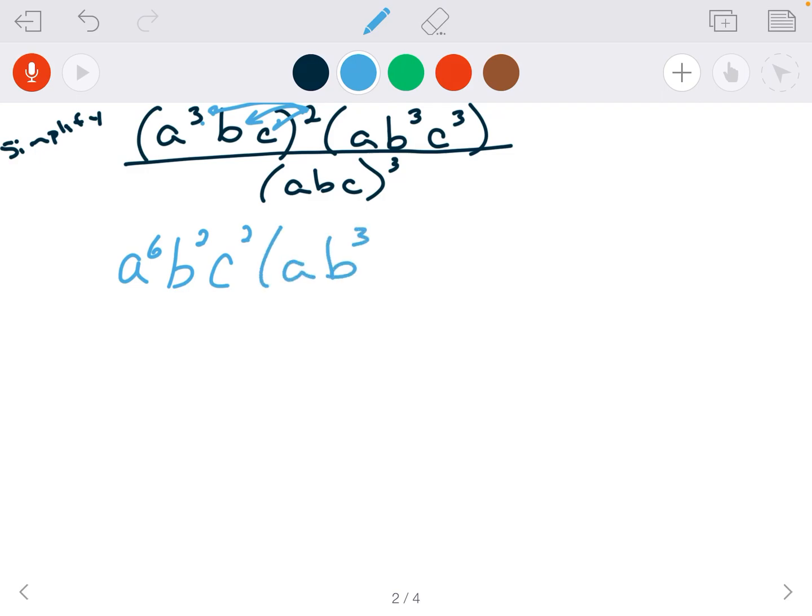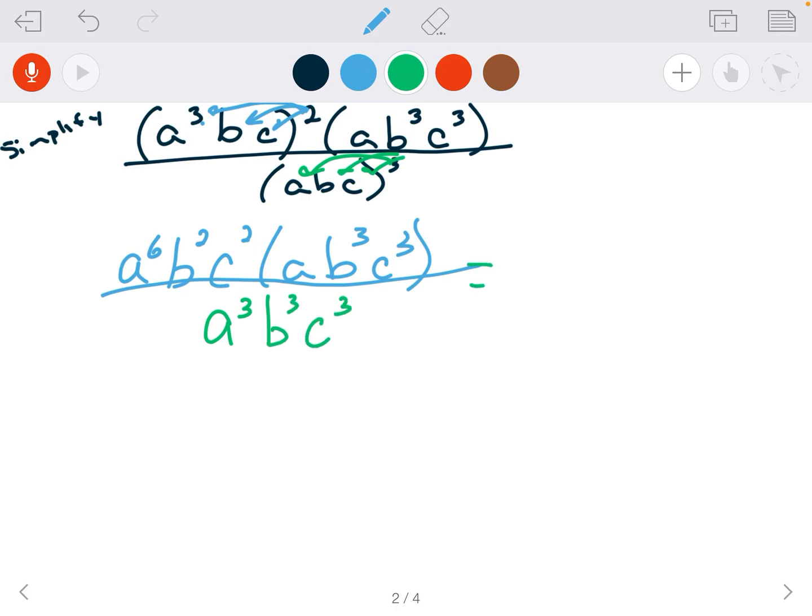I'm going to go ahead and bring down my a, b cubed, c cubed, and now I'm going to apply that 3 to each element inside the denominator. So I have a cubed, b cubed, and c cubed. Next, you want to multiply these out because we don't have really enough information to go ahead and subtract yet.